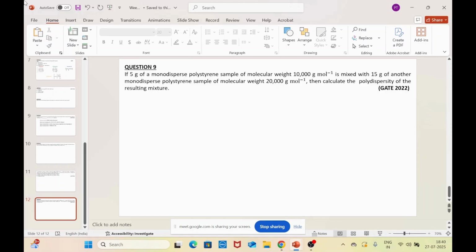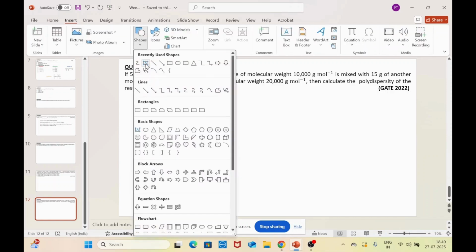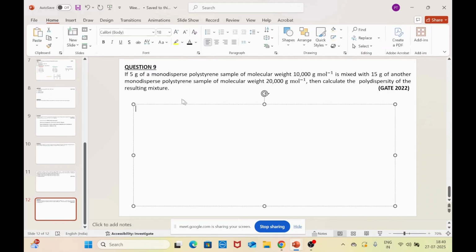So let me start. I'm going to take this 5 gram of PS, PS is polystyrene, sample 1, which is 5 gram of polystyrene with the molecular weight of 10,000 gram per mole.